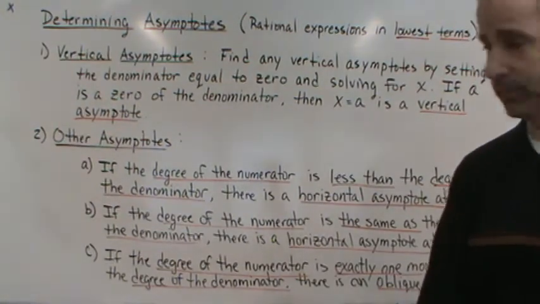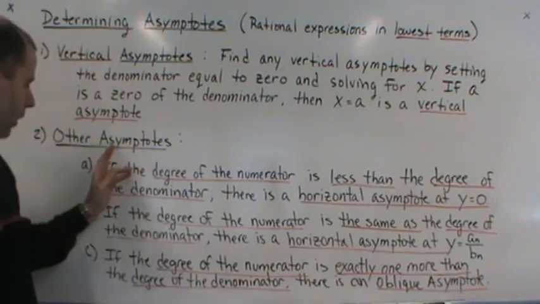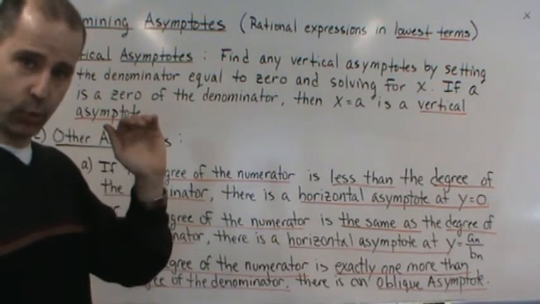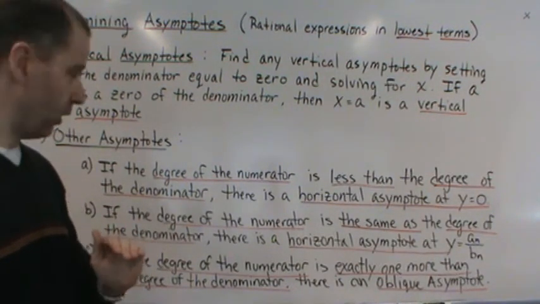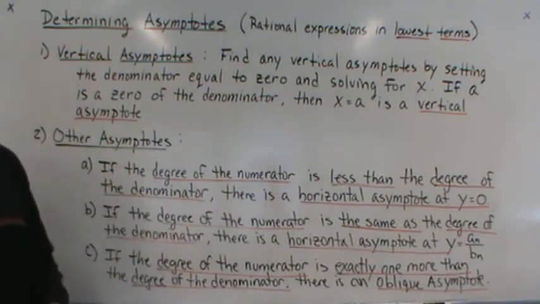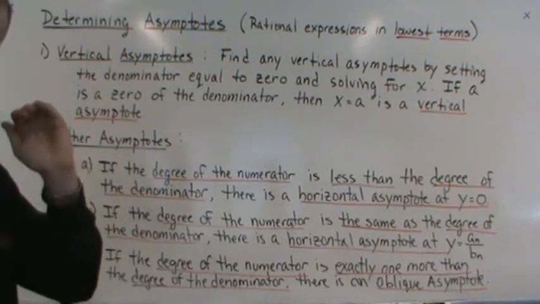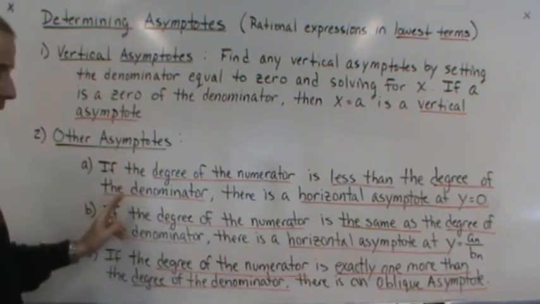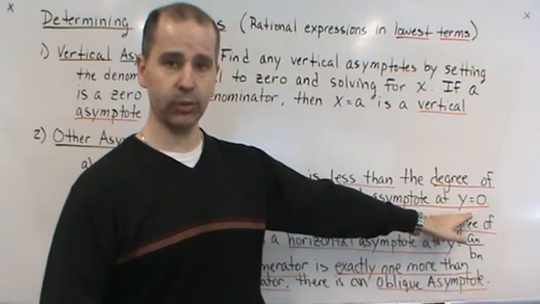Okay, now what about other asymptotes? For other asymptotes, we look at the degree of the top, the numerator, versus the degree of the bottom, the denominator. Part A says if the degree of the numerator is less than the degree of the denominator, in other words, if the degree of the top is less than the degree of the bottom, then there is a horizontal asymptote, and it's always going to be located at y equals 0.